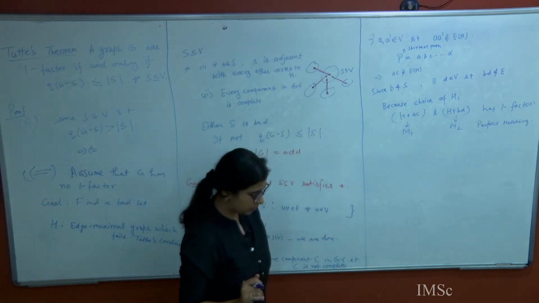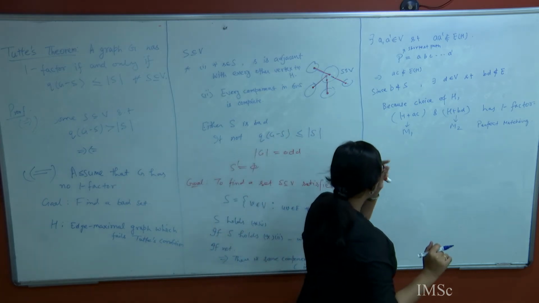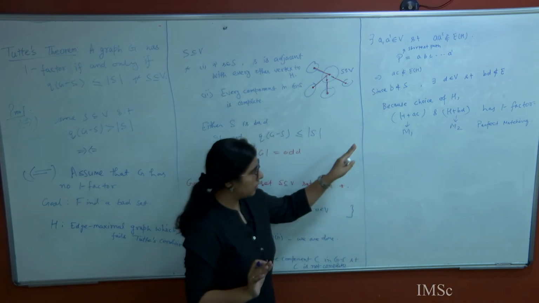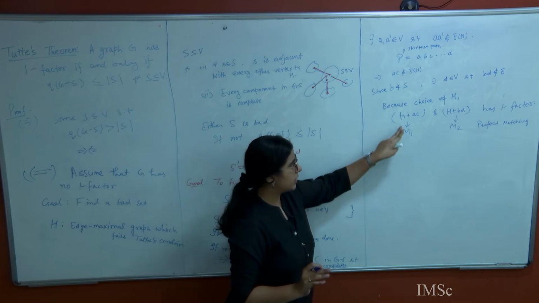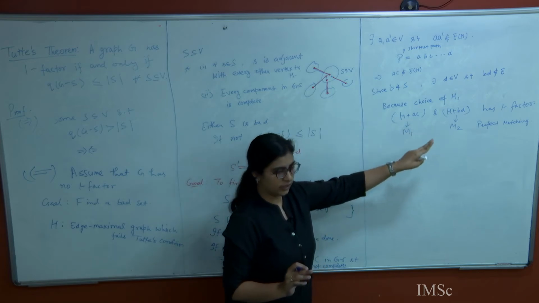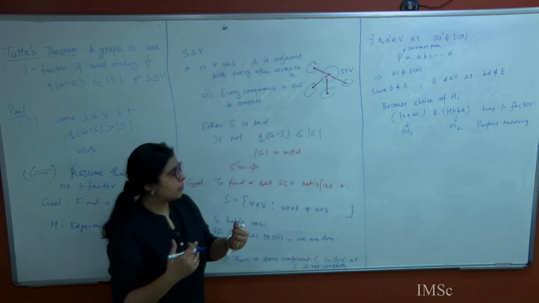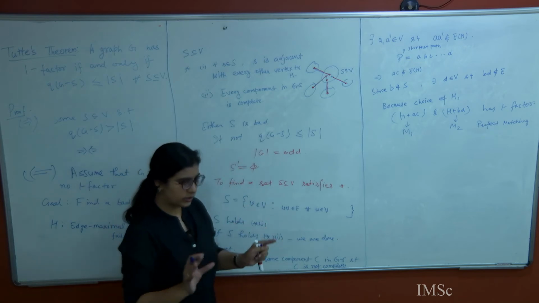Okay, so now look at some path. We are saying that these are perfect matchings in H plus AC and H plus BD, but somehow we want to find some even cycle.